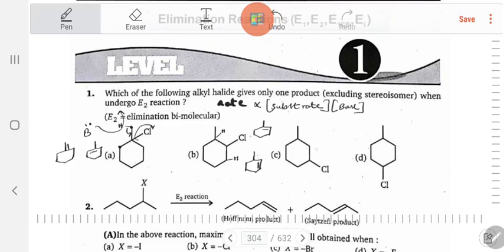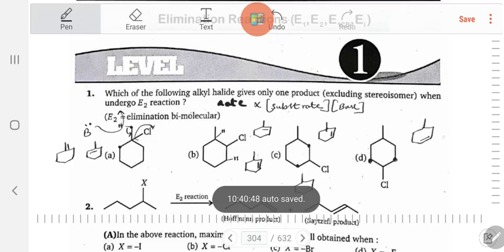Now coming to option C, again hydrogen may be abstracted from here or here. So here also you will get two possible products. One is you may get a double bond here. The second possible product is you may get a double bond here. Now in case of option D, again there are two beta carbons. So you may get the double bond on either side.